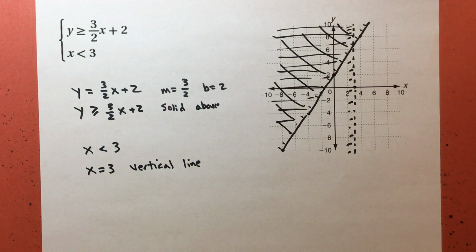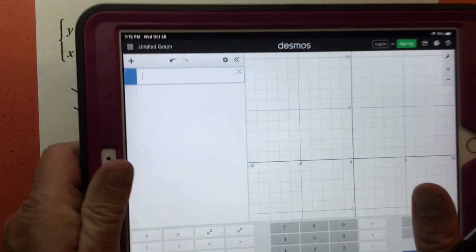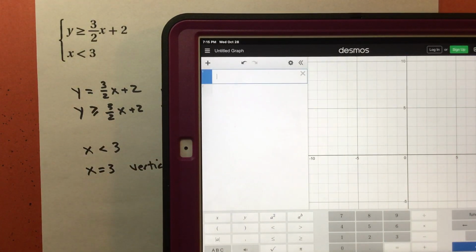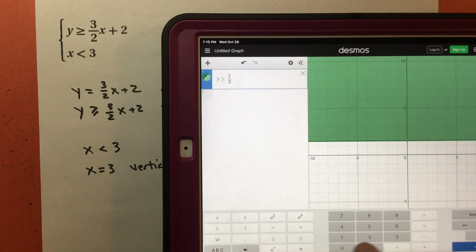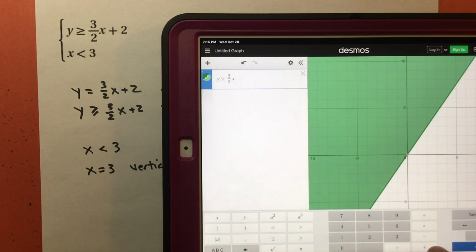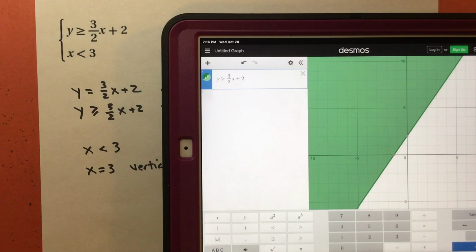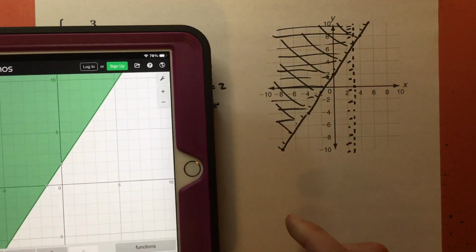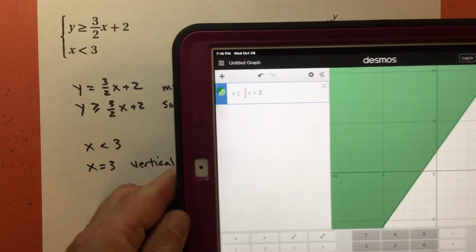Now let's switch over and see how Desmos looks at this, okay? So I have y is greater than or equal to 3/2 x plus 2. So hopefully that looks like what I drew right there. Solid line, shade above it.